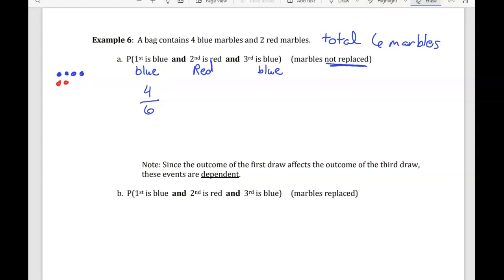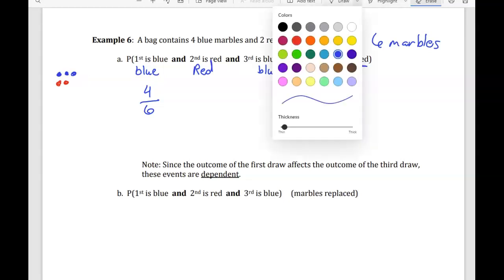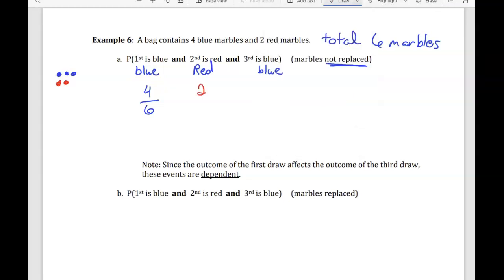So I'm going to erase one of those. Now for the second one to be red, I now have 2 out of only 5 left. So I'll erase one of those.